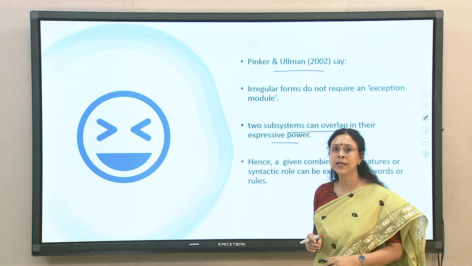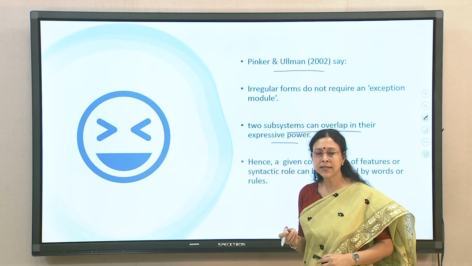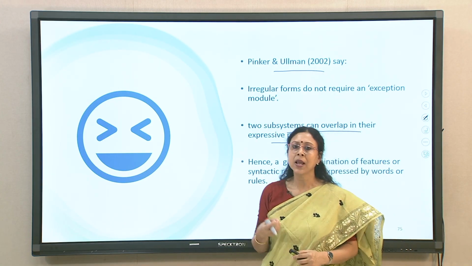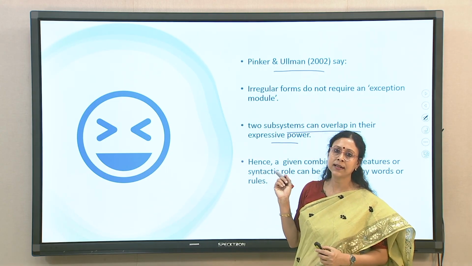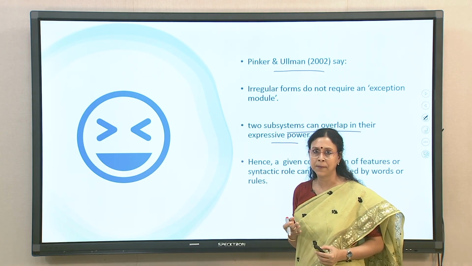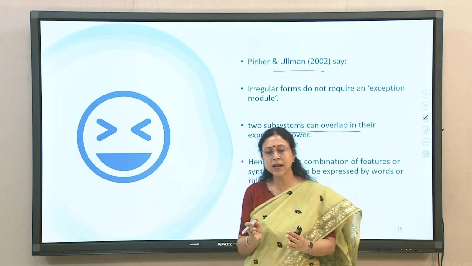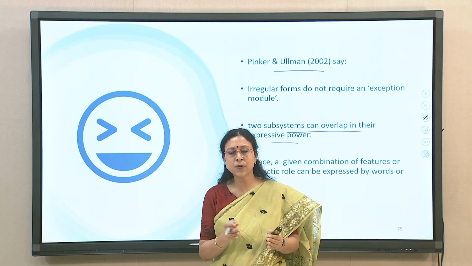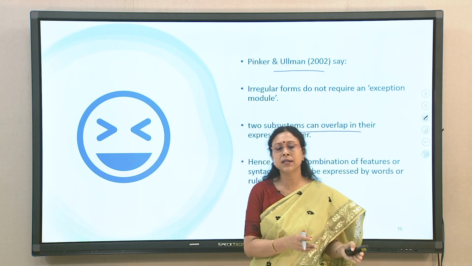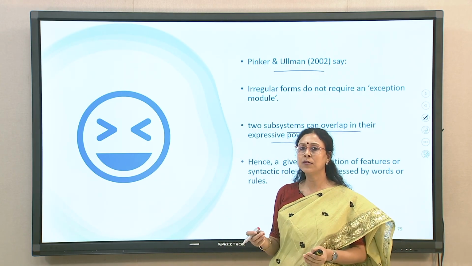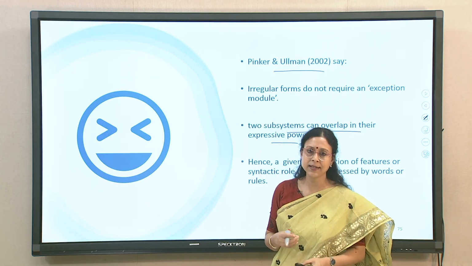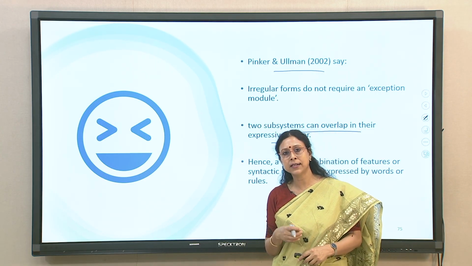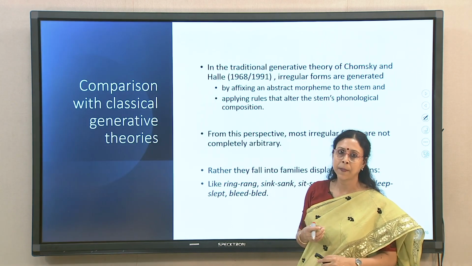They do not have to be from the same stock, and if they are not, then there is no question of exception. That is what they mean when they say that an exception module is not needed, because only when you put everything under one rule do you say that these are a list of words that do not follow the rule, hence they are exceptions. Here that question does not arise at all. They can be in a different category, but still perform the same function.